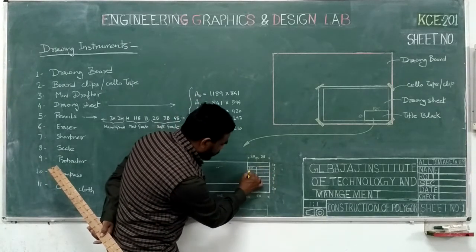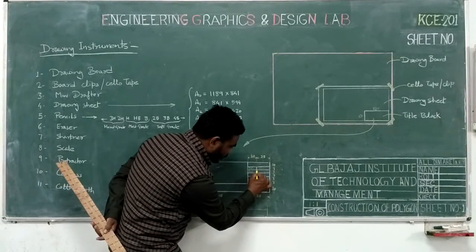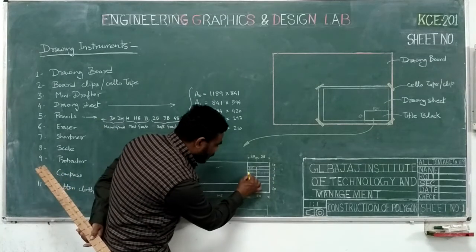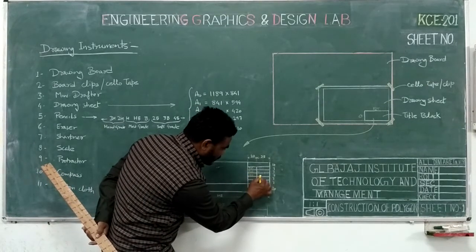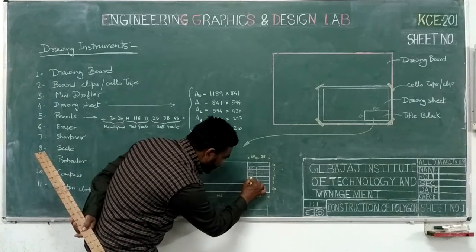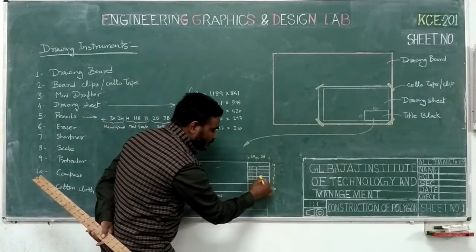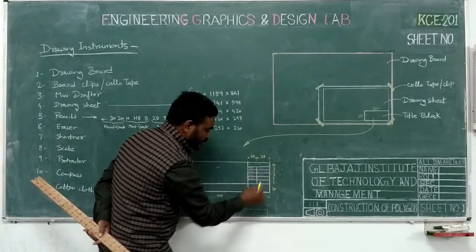And here, roll number, whatever your roll number will be, you can write here. After that, your section, you can write your section here. After that, date, or you can mention the date on which you are preparing the sheet.